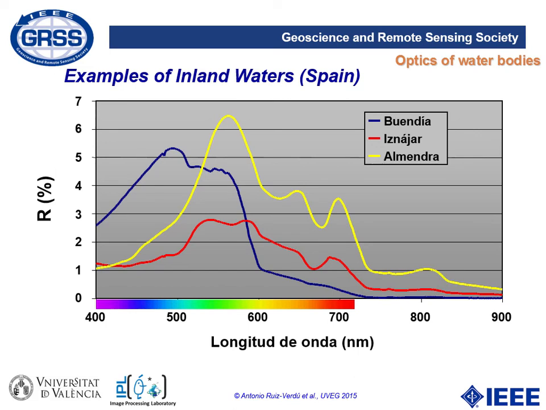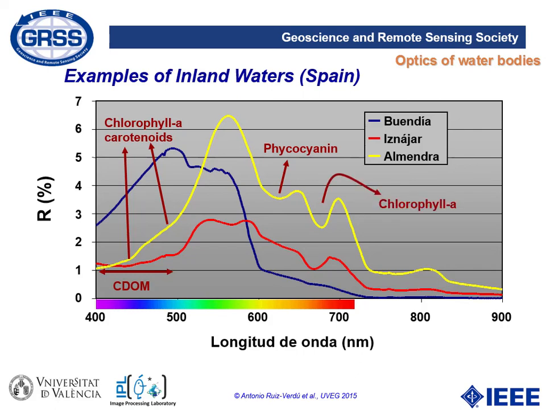And the third case is a similar case, or a transition in between the two. So here you can see the effect of the absorption of chlorophyll A and carotenoids and other photosynthetic pigments. In this region is where the absorption of CDOM determines more the reflectance spectrum. This relative minimum of absorption can be related with phycocyanin concentration, while this other is directly due to the chlorophyll A concentration.